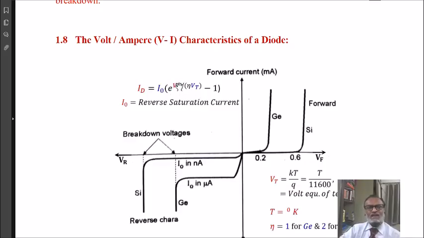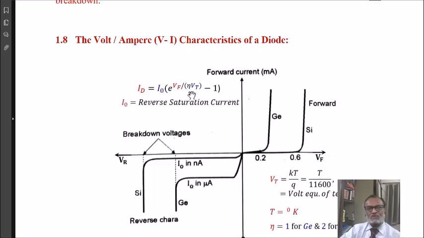It indicates that the forward current through the diode is a function of the applied forward voltage, but an exponentially related function. I0 in the expression is the reverse leakage current, Vt is the volt equivalent of temperature, and eta is a constant depending on germanium or silicon. Eta is 1 for germanium and 2 for silicon.